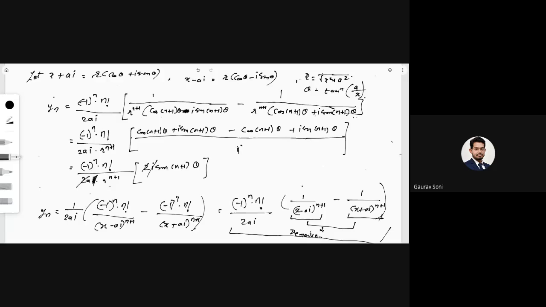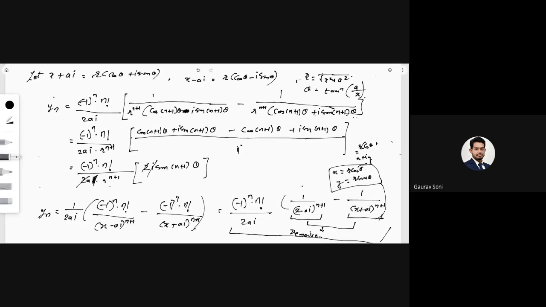Now just look at this. How do we get a polar form? If x plus iy is there, then you put x is equal to r cos theta, y is equal to r sine theta. And when you put this in this equation, what you get is r in bracket cos theta plus i sine theta. But actually, this is the substitution that you do. X you write it down as r cos theta, and y you write it down as r sine theta.